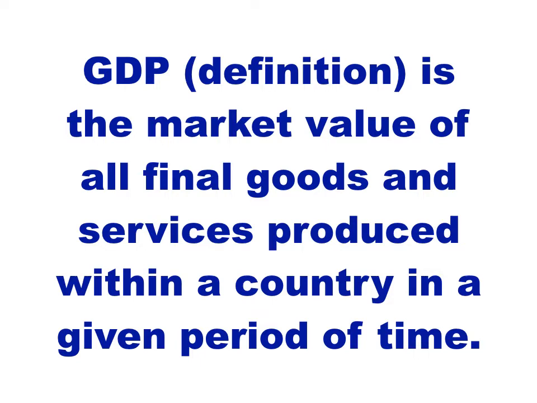This will be discussed later when we do our calculations. We're also looking at final goods, which means that intermediate goods do not count towards GDP. Only final goods are going to count. It means that if you are building a computer and that computer is only half built, then it doesn't count towards GDP. But if it is fully built, then it will count towards GDP.